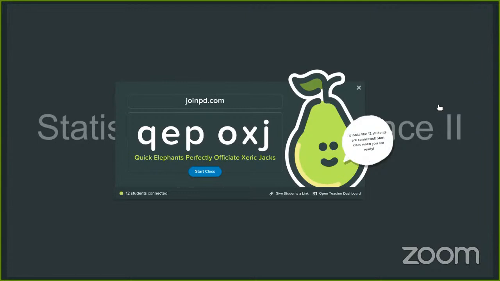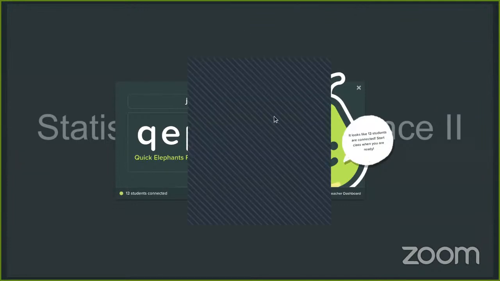Go to joinpd.com and use this code QEPOXJ. As of now, 12 students have joined this Peerdeck. Others, please join also.